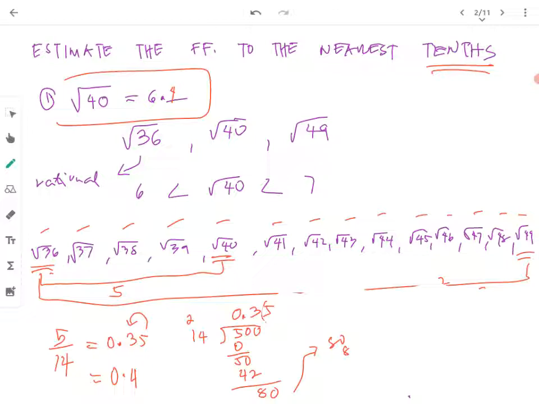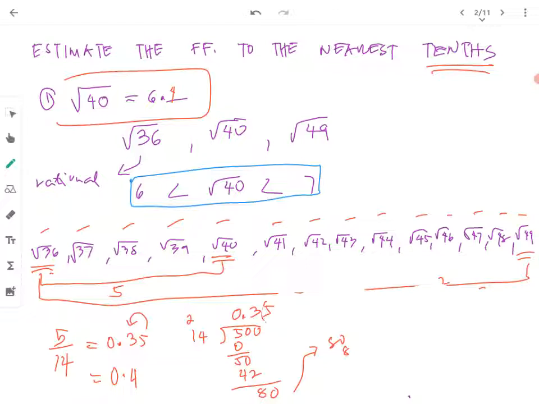We're not considering the negative square roots because square root of 40 is positive. So we know that square root of 40 is greater than 6, but less than 7. It's like saying 6 point something, and that something, the tenths value, is what we're going to look at.